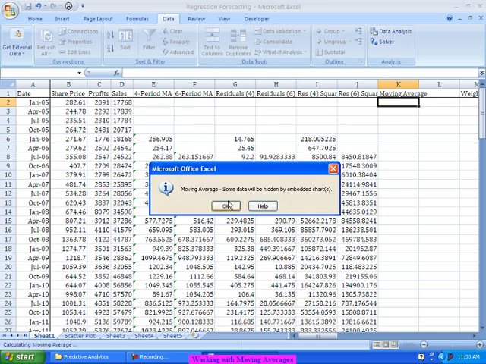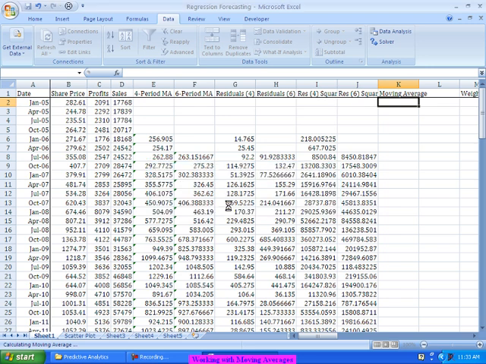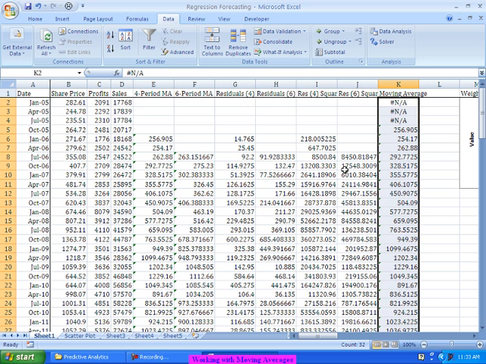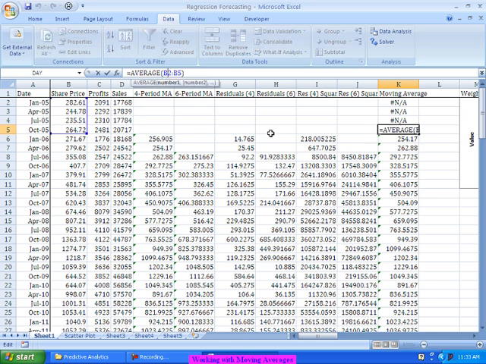Moving average, some data will be hidden by the embedded chart because it replaces. Okay, so when I say okay, all you are seeing here is the first 3 times the data is not available, and from here the average value is coming out. So the simple logic again, to make it eligible for a forecasting purpose, what you do is just change the formula for the previous period, because by default the computation is always with respect to the current period.